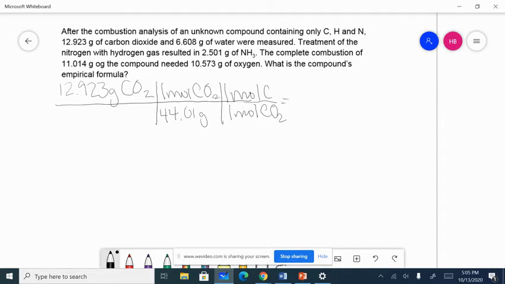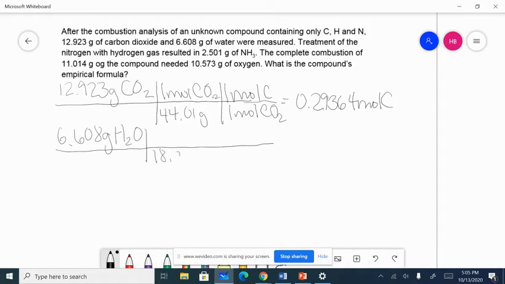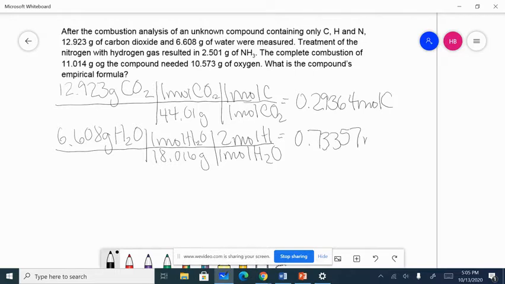Which gives us 0.29364 moles of carbon. 6.608 grams of water gives us 0.73357 moles of hydrogen.